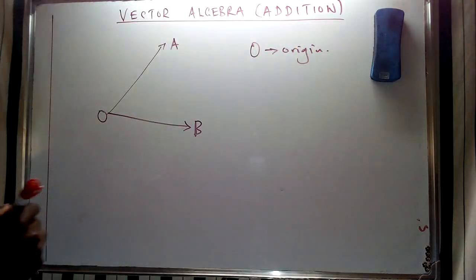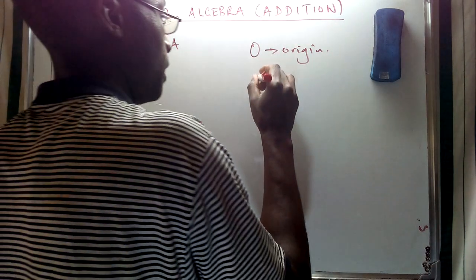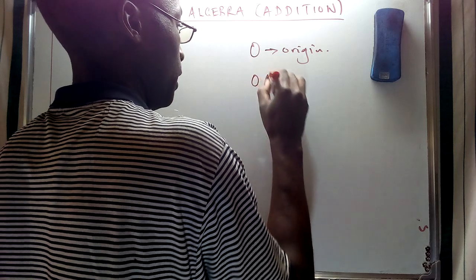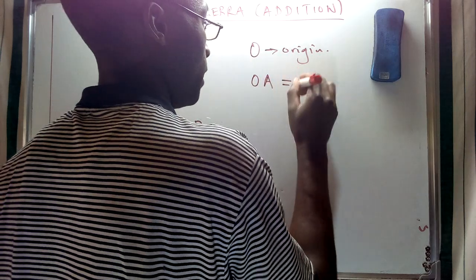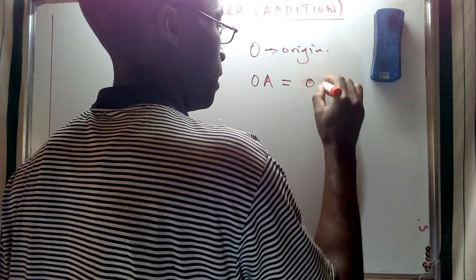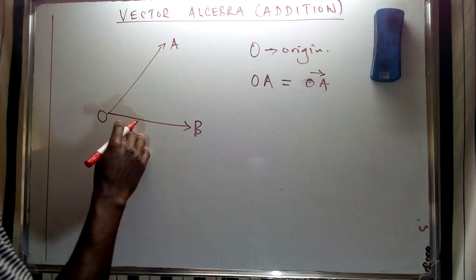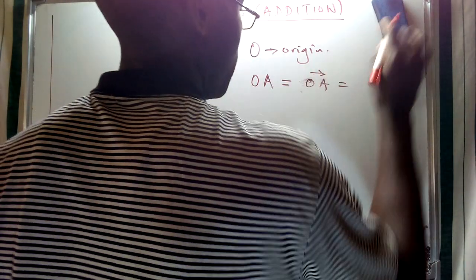So we had said that we can represent these vectors in various ways, whereby we have vector OA being represented as OA with an arrow on the top. This can also be given as vector A with a bar at the top.